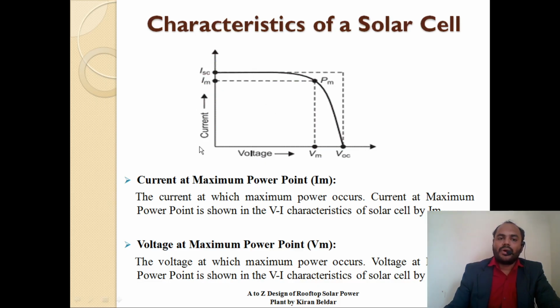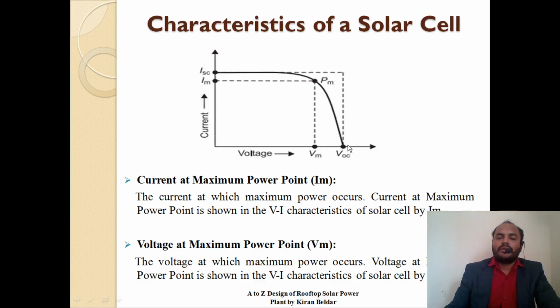See this curve. On the y-axis there is current, on the x-axis there is voltage. A solar cell has its maximum current at short circuit, the short circuit current, and its maximum voltage is the open circuit voltage. These are the two maximum parameters. When we draw the curve, it would come as a rectangle.